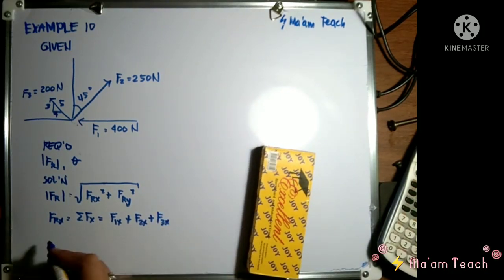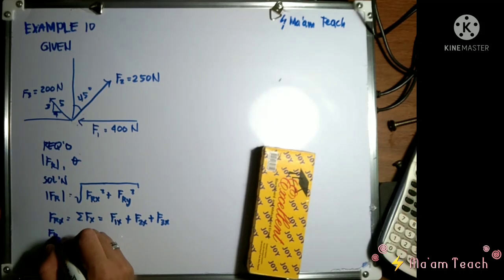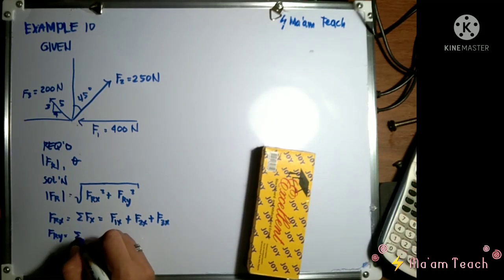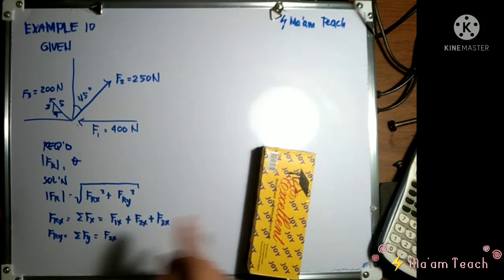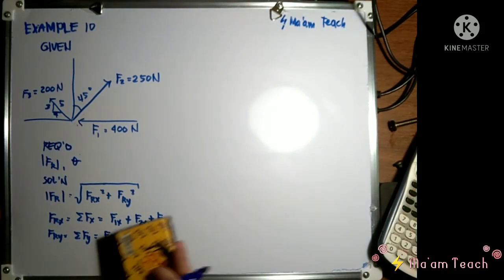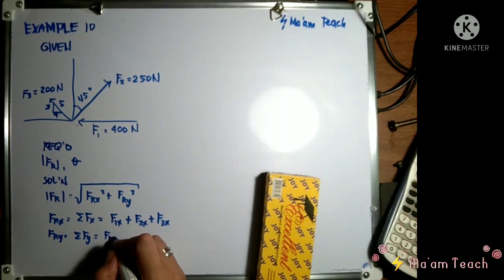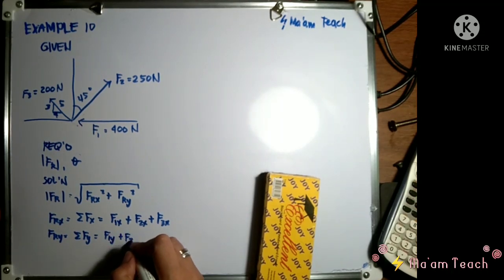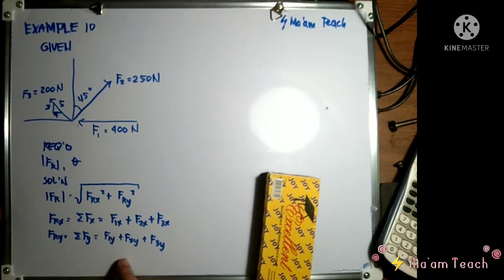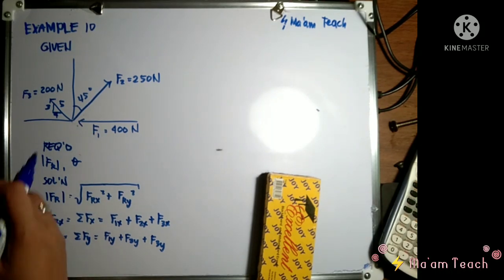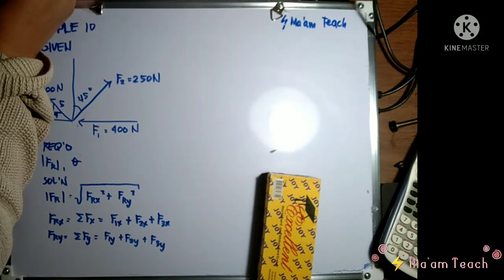While for the Fry, the summation of F sub y, so F1y, F2y, and F3y. Okay, so we will just simply get each of the components of our given force.